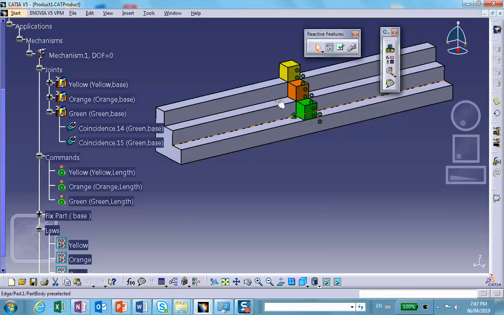So what's going to happen is that this block, the yellow one, is moving to the left and probably stays stationary for a short period of time, then it goes further to the left. The orange one goes to the left and then goes to the right and then moves back to the left all the way to the end.